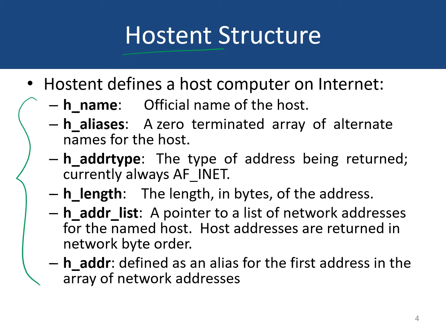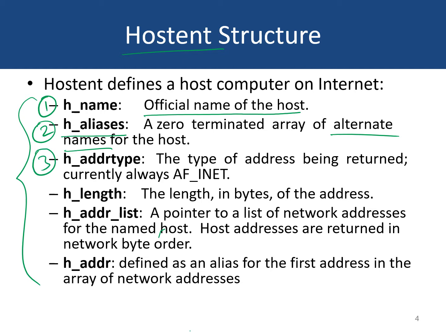Now here is a summary of all the information that is contained in the hostent structure. The first thing the structure contains is the official name of the host or the server machine. Now it is possible that the host has multiple names. If that is true, then this second list, h_aliases, contains the list of names for the host. So this is essentially a zero terminated list of alternate names for the host.